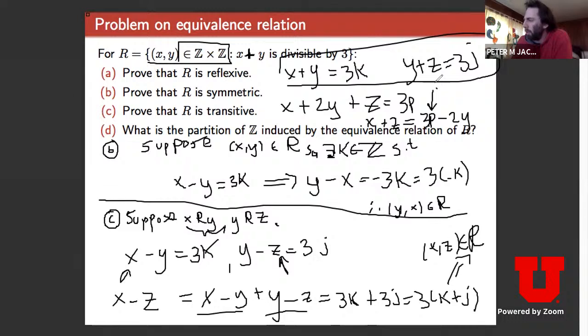Okay, x plus c is divisible by 3. Y plus c is divisible by 3.